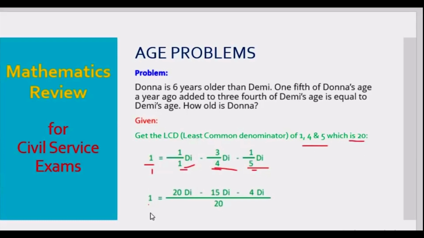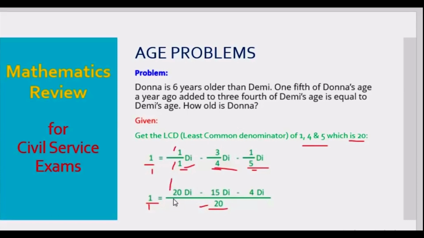Okay. The assumption for cross multiplication is over 1. Your LCD, which is 20, divided by 1 is 20 times 1 equals 20.